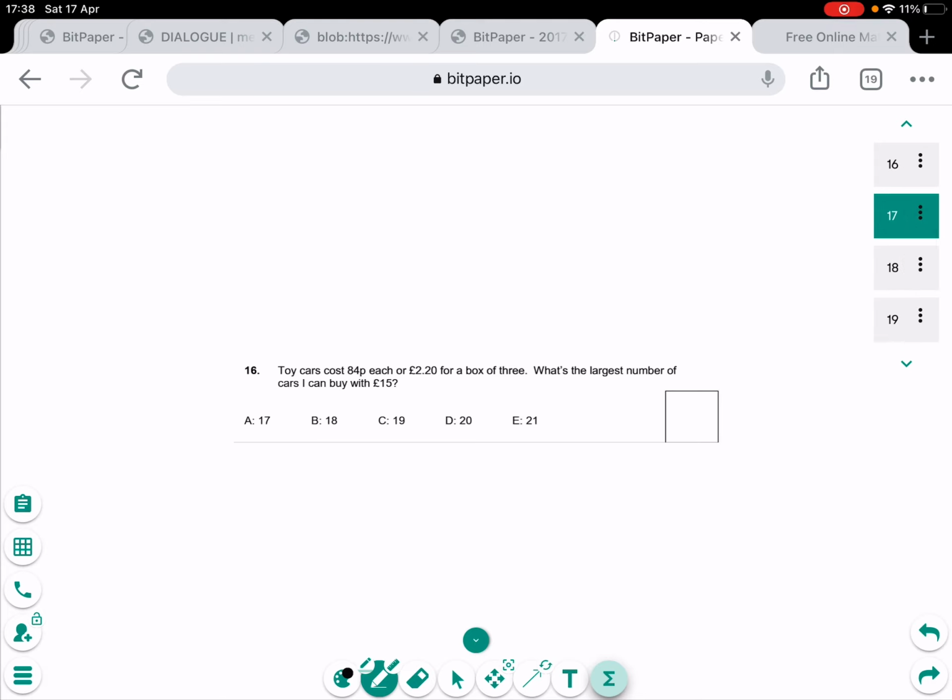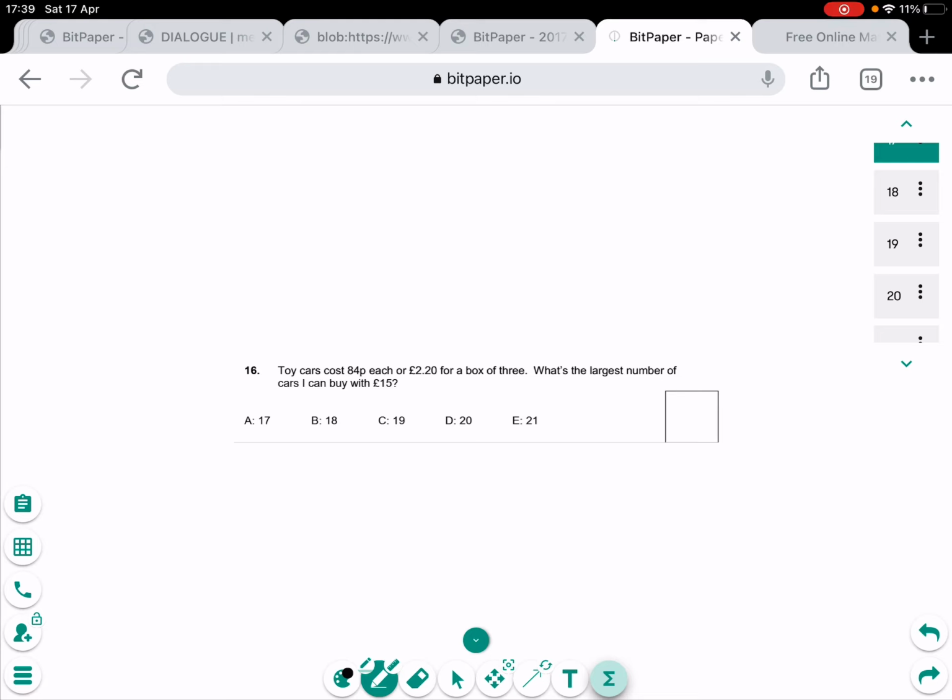For question 16, toy cars cost 84p each or £2.25 for a box of 3. What's the largest number of cars I can buy with £18? So let's first calculate which one is actually better. 84 pence times 3 equals 2.52, so the box of 3 is actually better. So therefore we will try to get as many boxes of 3 as possible.